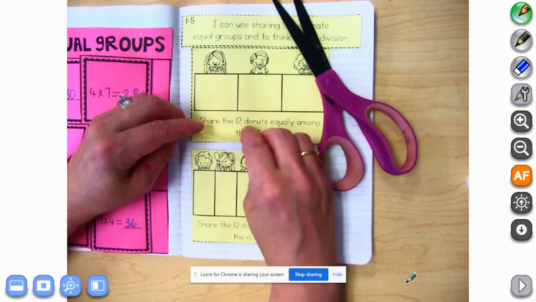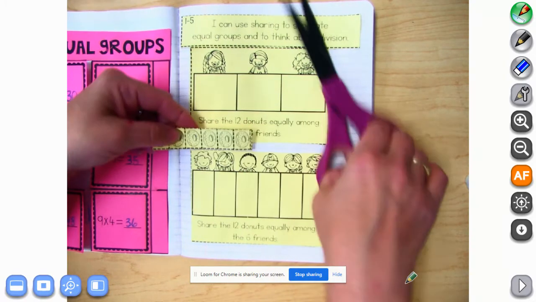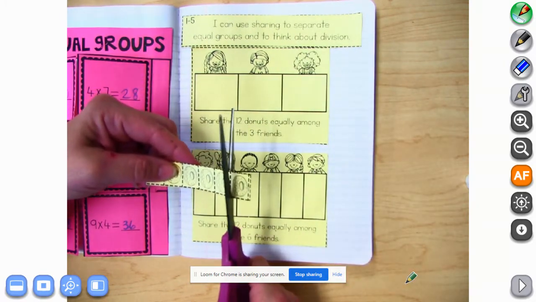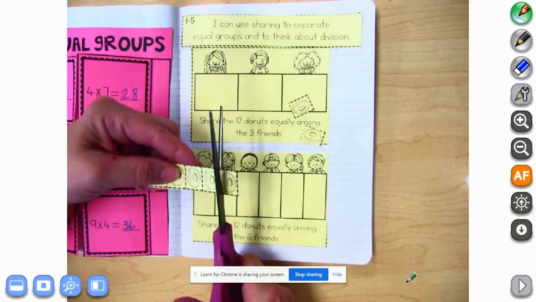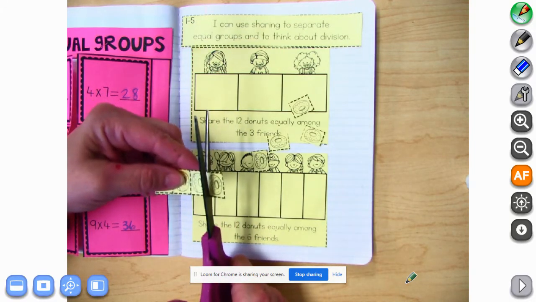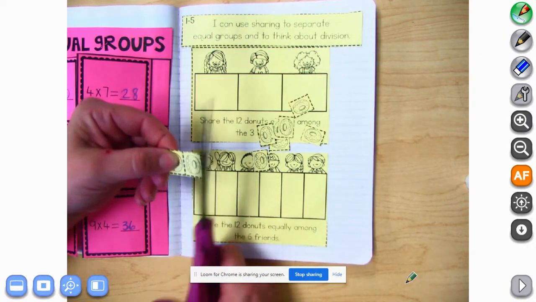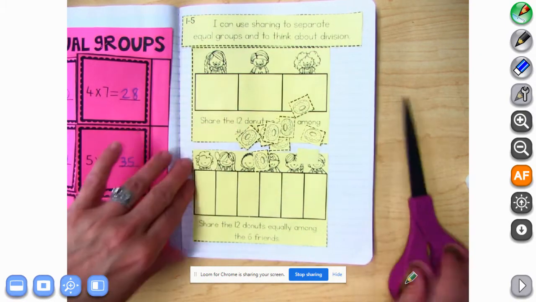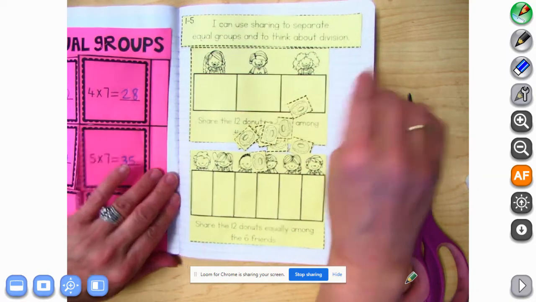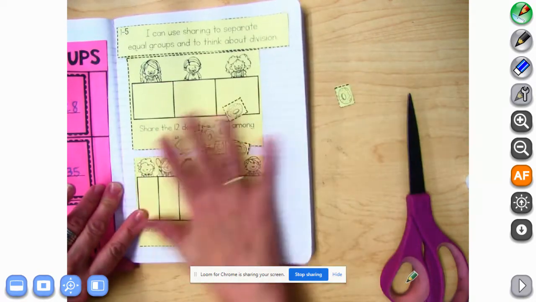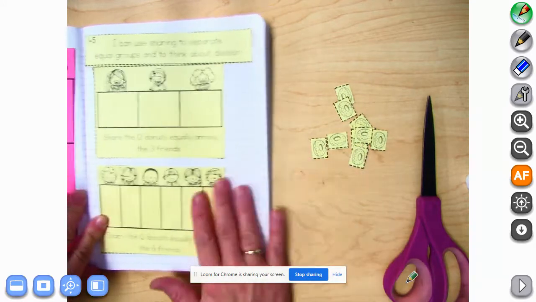Make sure they're even. Okay, so I cut out all of those. Move them to the side here.